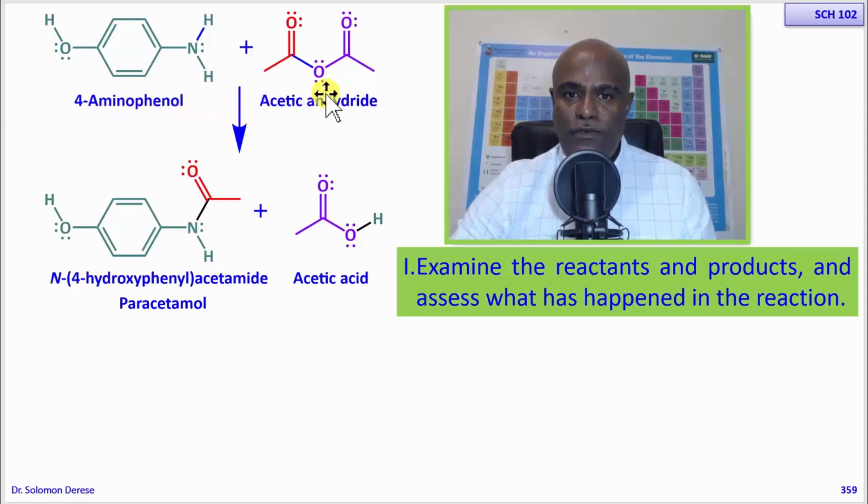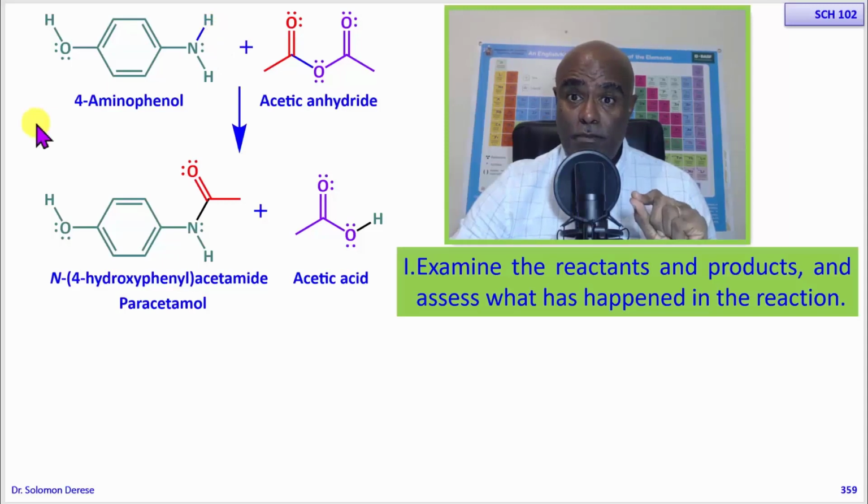Then I used two different codes for acetic anhydride: this part red and the other one purple. And then I used the same codes in the products, so that you can see that this part of the product is this one, while this other part of the product is this one. And then this part of the product is this one. And this part of the product, this hydrogen, is basically this one.